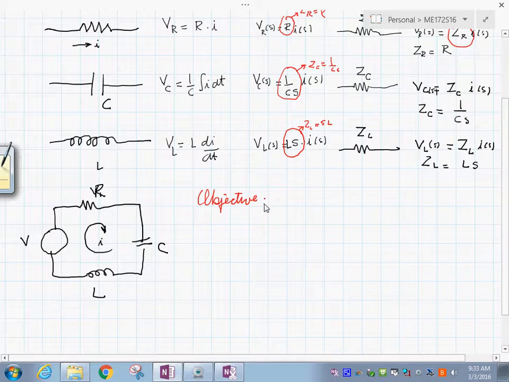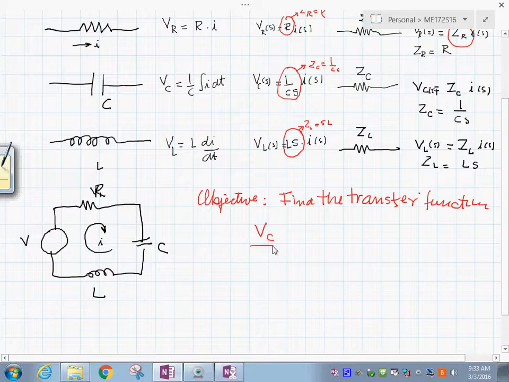This is what we want. Remember, a transfer function is always an output in relationship to one input. This is something that you really need to have clear in your mind, that a transfer function is always a relationship between an output and an input.